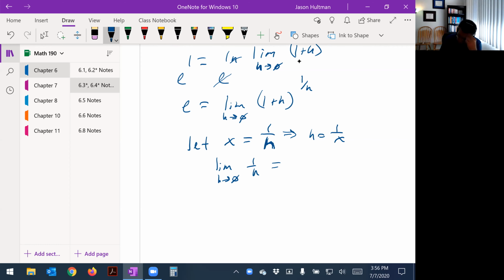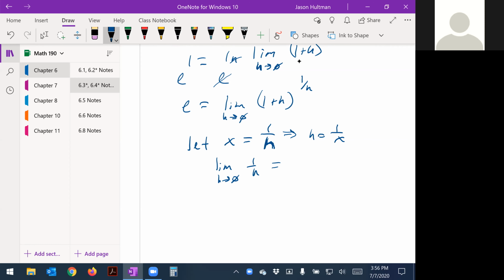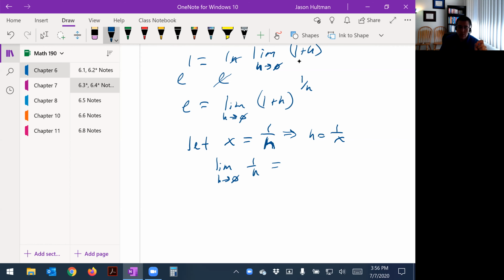If I take the limit as h goes to 0 of 1 over h, what does that equal? What's 1 over h as h goes to 0? Anybody know? 1 over 0, which is undefined? No, it's not 1 over 0. We're going to 0. We're not at 0.